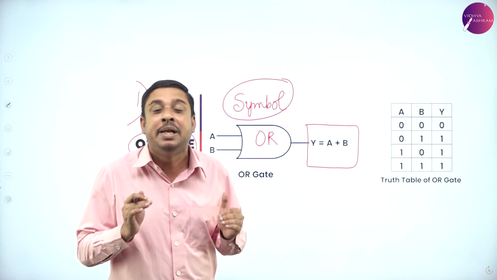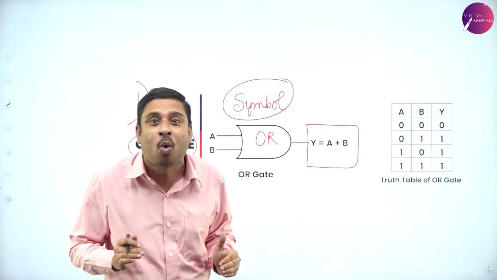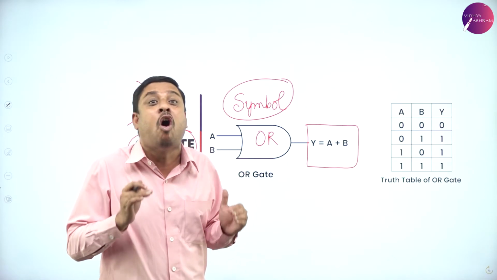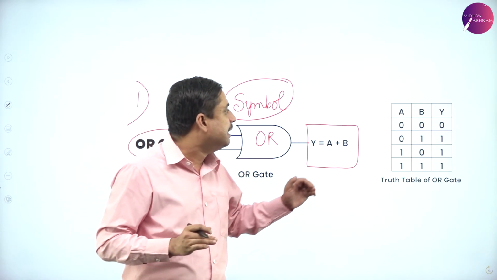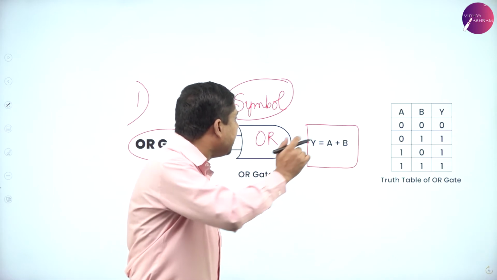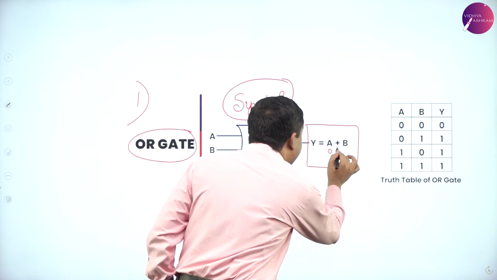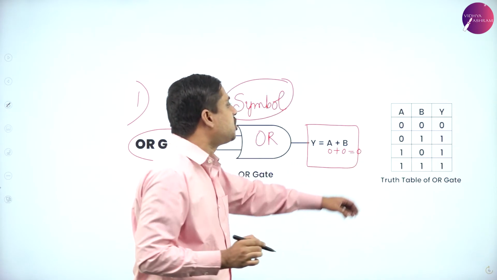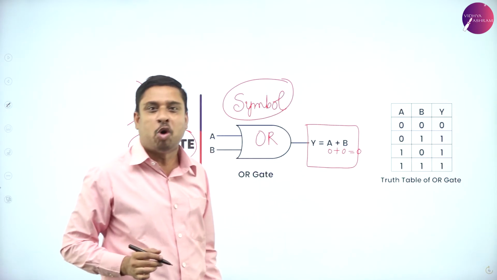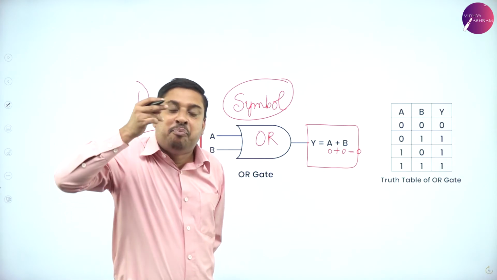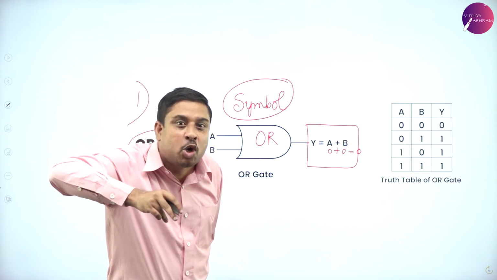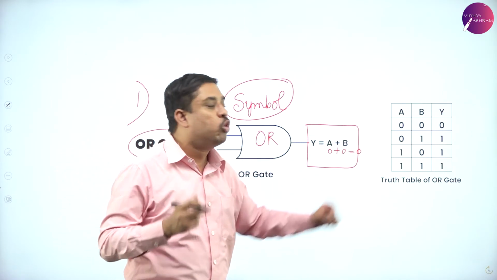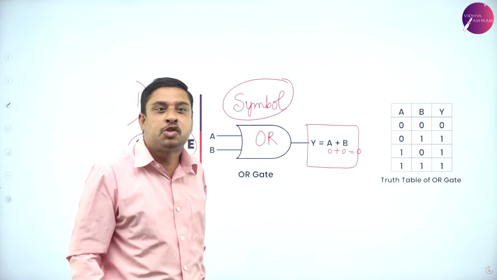Both the inputs are low, both the inputs are off. Then 0 plus 0, mathematical operation, the output is 0. So if both the inputs are low, 0 and 0, the output is also low.